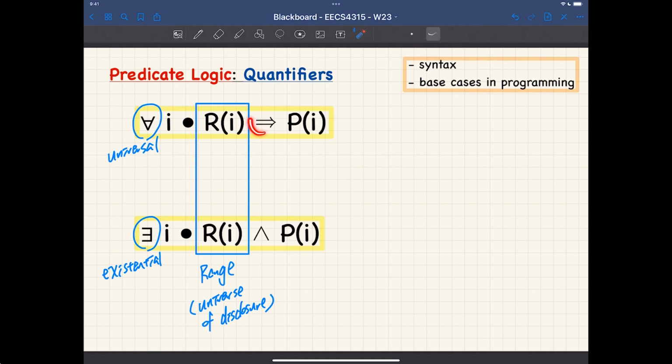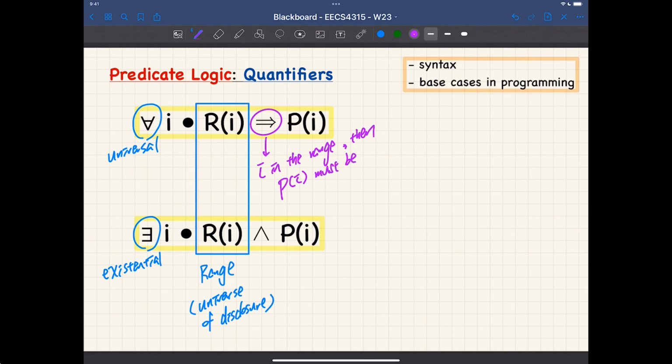And there is an implication over here by the definition for universal. This is to say, for all the I, such that if I happen to be in the range, then we must make sure P is satisfied. What if I is not in the range? We don't care. Okay, let me write it down. So that's why we got implication over here. So this is to say, I in the range, then P(I) should be true, must be true.